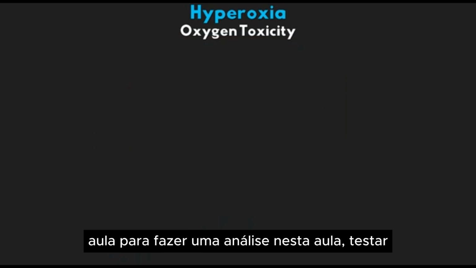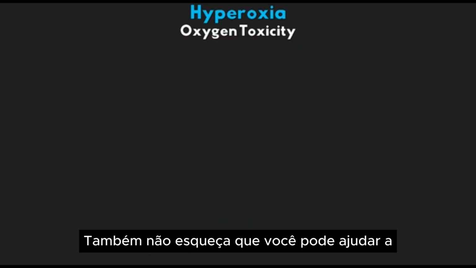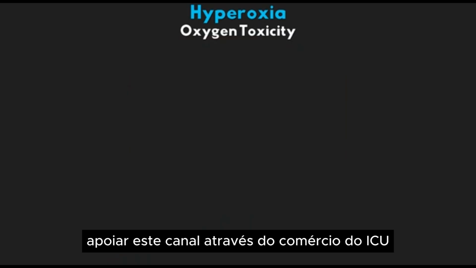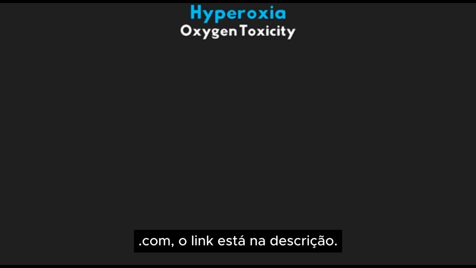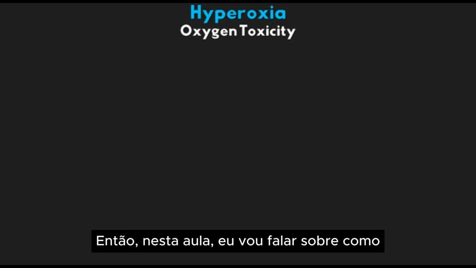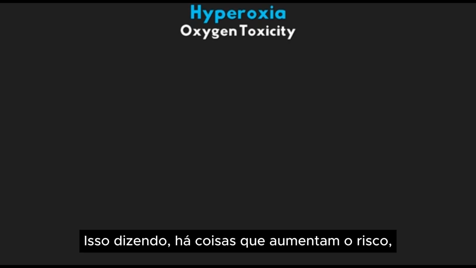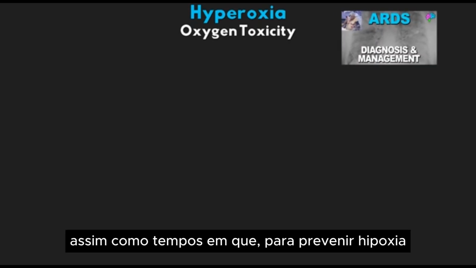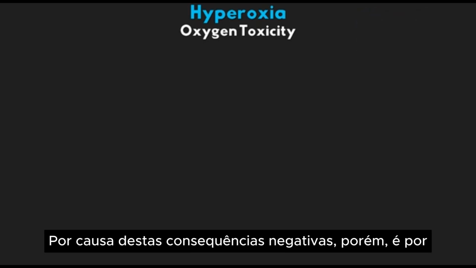So in this lesson, I'm going to talk about how the use of high oxygen can potentially be detrimental to our patients. That being said, there are things that increase the risk, as well as times where, in order to prevent life-threatening hypoxia, the use of high levels is actually needed. Because of these negative consequences though, this is why the ARDSNet protocols that I did discuss in my lesson covering ARDS diagnosis and management set out lower SpO2 targets of 88 to 95%.